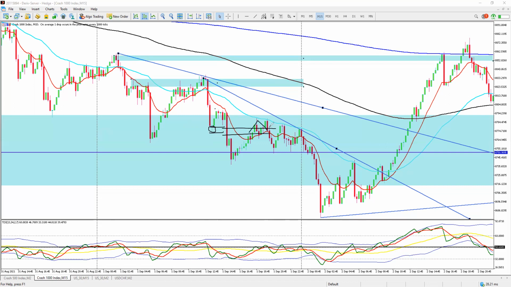So you see they get broken easily, they don't stand. So you can draw them or you cannot draw them. But if you want, I think you should actually draw them, because they do work as areas of interest where you'll be looking for certain price action.